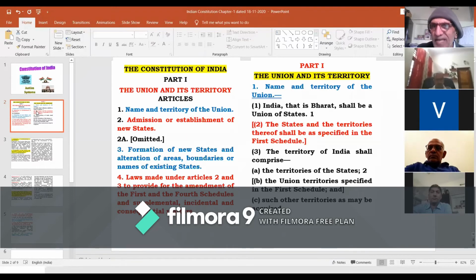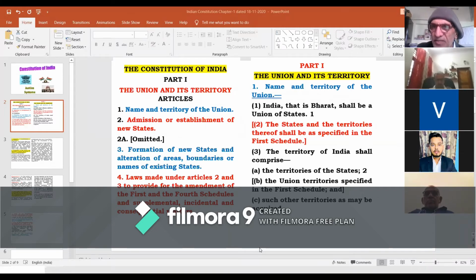The word used is "that is Bharat." So India, a name recorded in our recent past history, is to be taken as Bharat. This very clause ensures continuity with our ancient history.